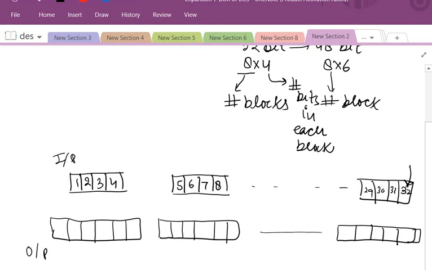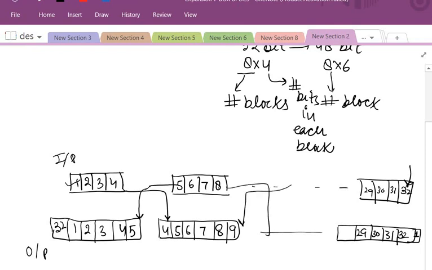So this 32 will act as the first bit of the output, and the first bit, 1, will act as the last bit of the output block, and the remaining will be copied as they are, like 1, 2, 3, 4, 5, 6, 7, 8 and 29, 30, 31 and 32 for the expansion P box. Now this 5 will get swapped, interchanged. So 5 will be here and 4 will be here. In this way, all of them have to be swapped.